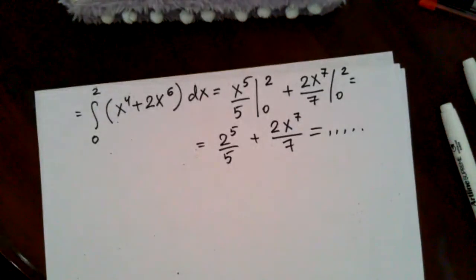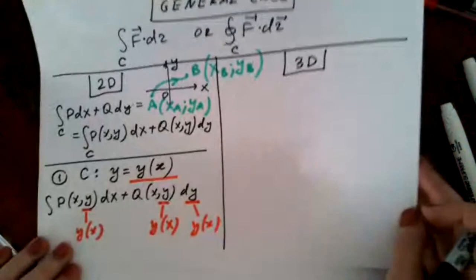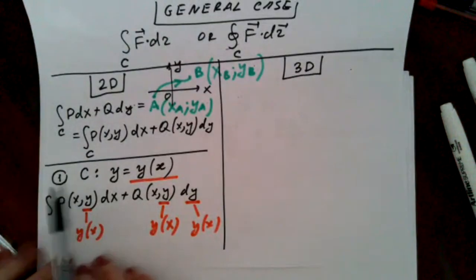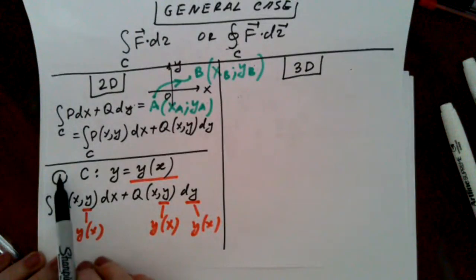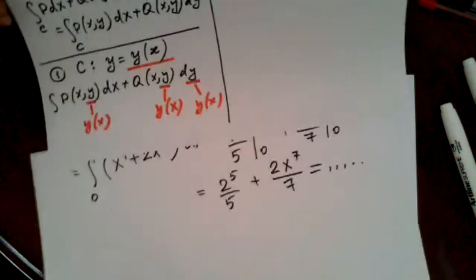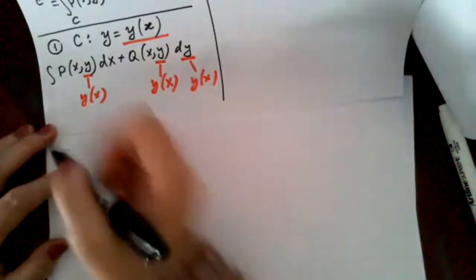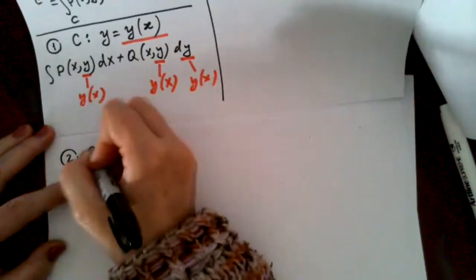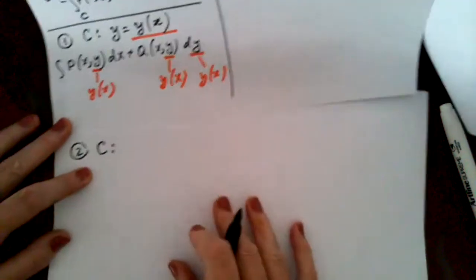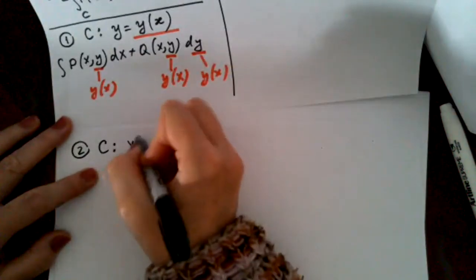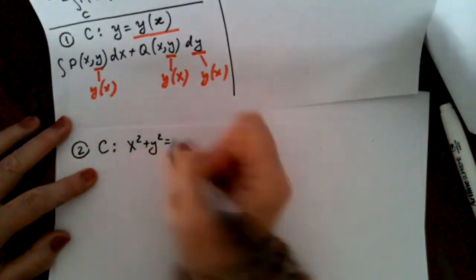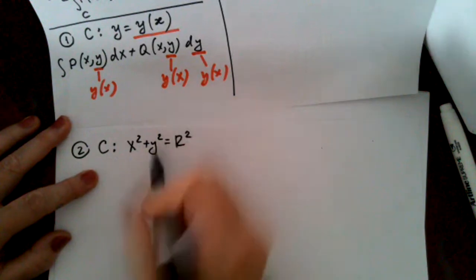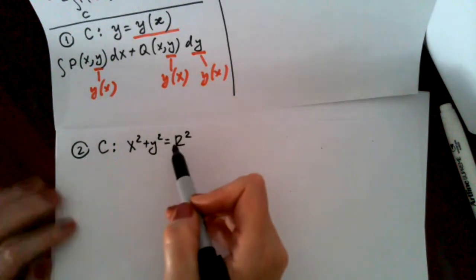Okay, so let's get back to our table. This is a table where I collected all the possible techniques. For some mysterious reason, I denoted this as the first technique. So what is the second technique? It turns out that sometimes you are given your path C in a different form, and the special case is a circle. You remember the equation of the circle, x squared plus y squared is equal to r squared.